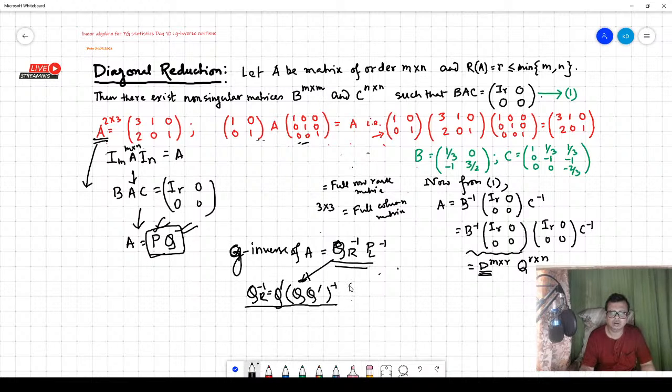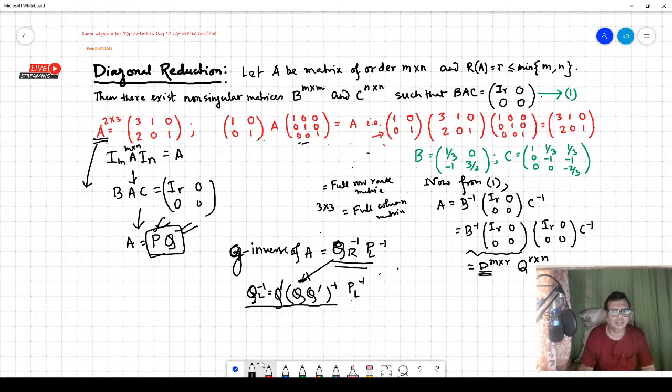I already discussed all this formula. In this case QL inverse exists, because I think QL is a full row rank.